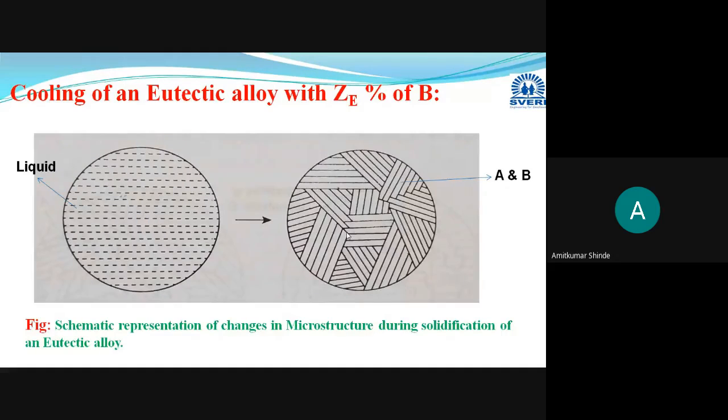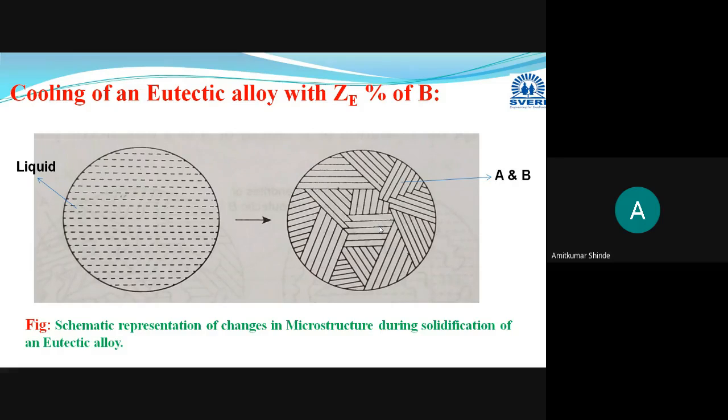That's why I have shown some inclined lines and some horizontal lines. For example, suppose A will be shown by horizontal line, then B will be shown by inclined line, like this. They will be having different morphology or different appearance.